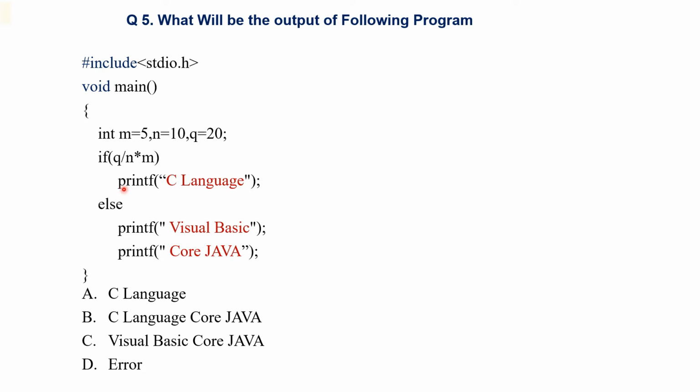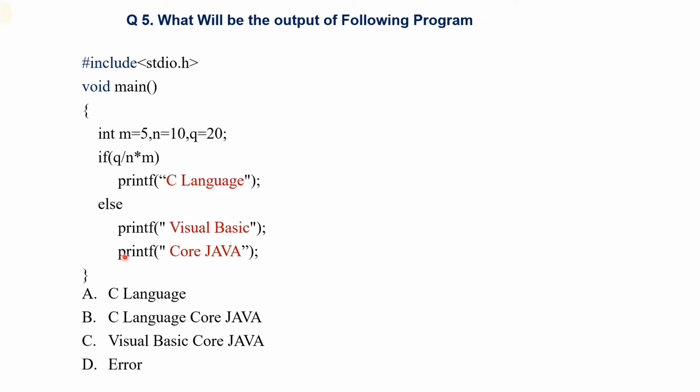And after executing this statement, control will be transferred after the else statement. And here the else statement ends at this statement only, because there are no opening and closing braces. So else part contains only this statement. So therefore, after executing the if part, control will be transferred after the else statement.